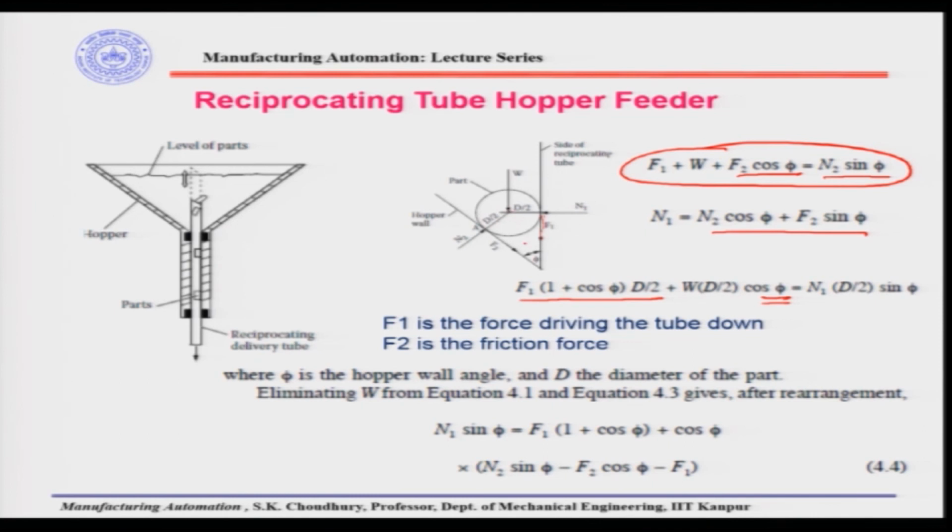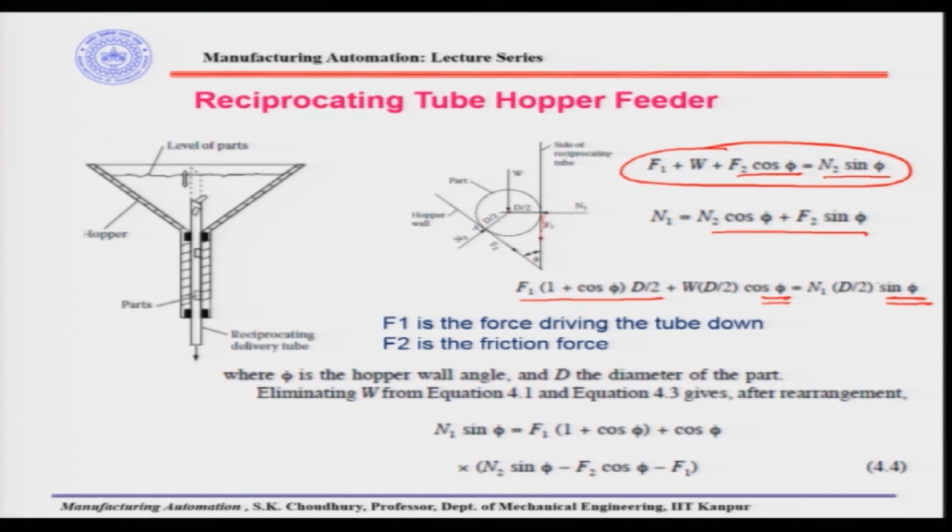This moment will be in the clockwise direction, because F1 is giving that moment, W is giving that moment. This will be resisted by something coming anti-clockwise, and that is N1. N1 will be coming to this point, so it will be N1 into d by 2 into the sin of the phi.